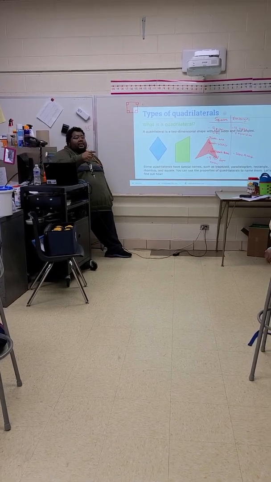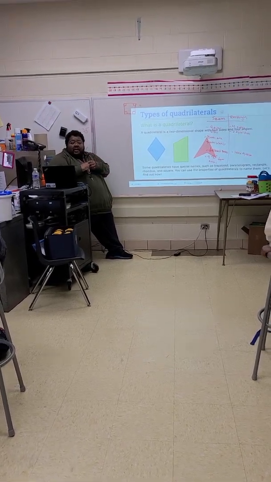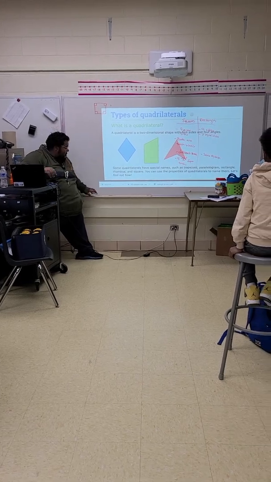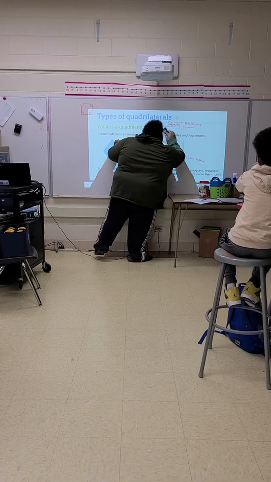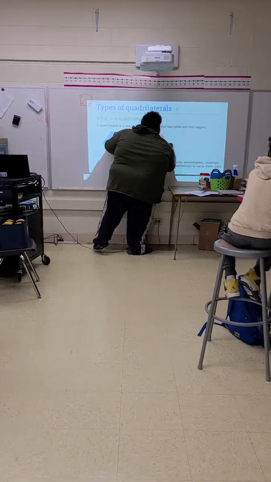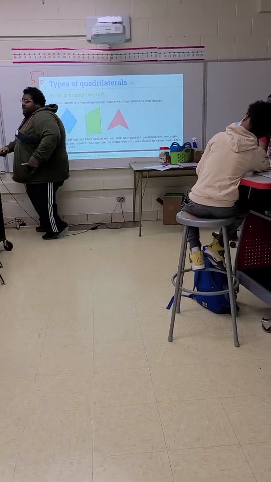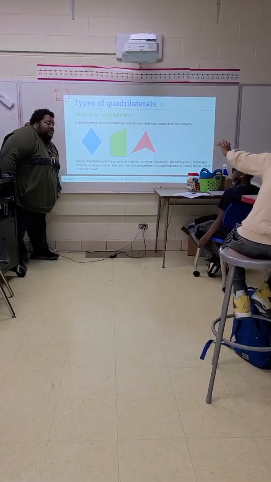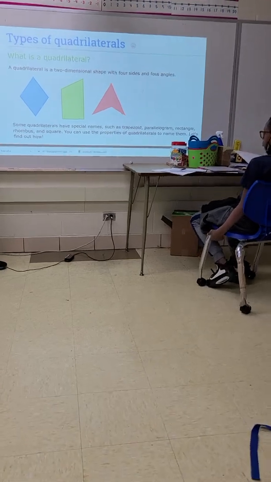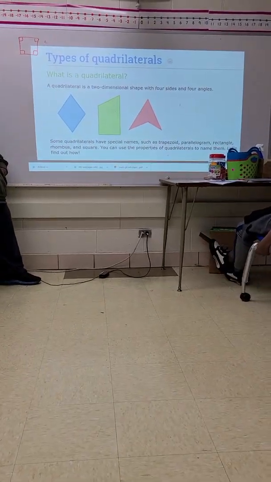So, Jeremy had a buzzword, quadrilaterals, right? And somebody read what a quadrilateral is. Remember they have 4 sides. Can you read it nice and loud, please, somebody? Nice and loud from the back, please. We're gonna start from the top.